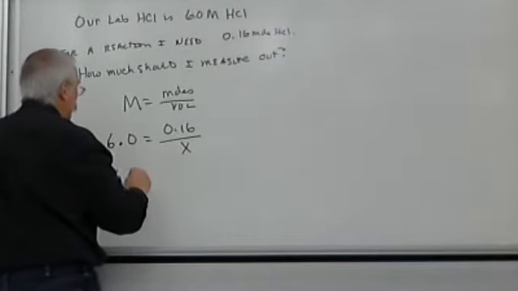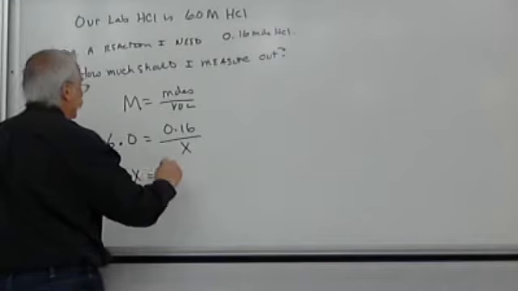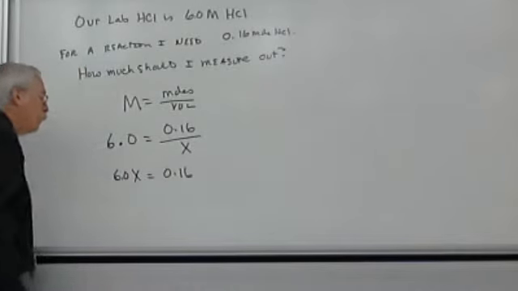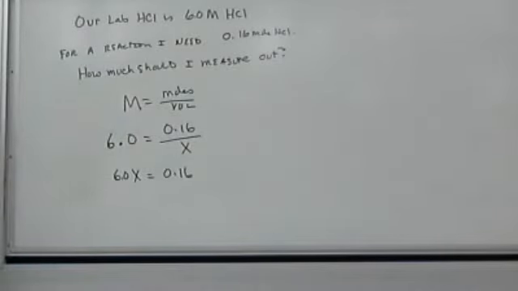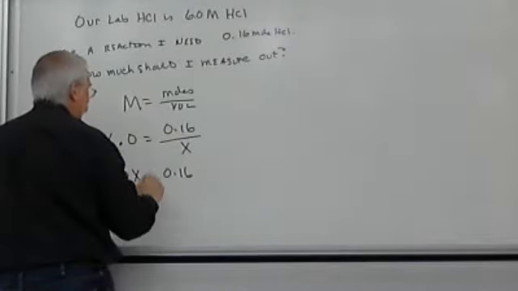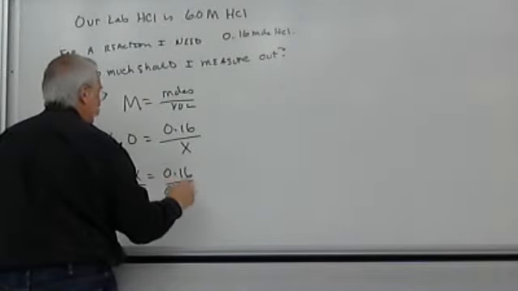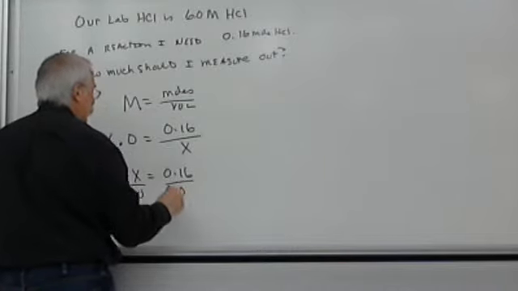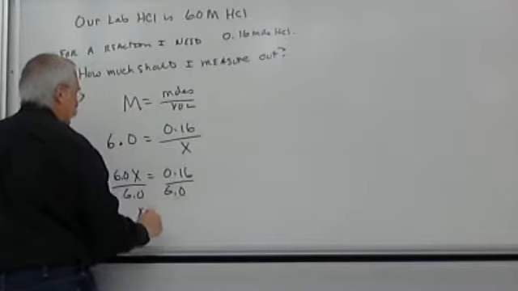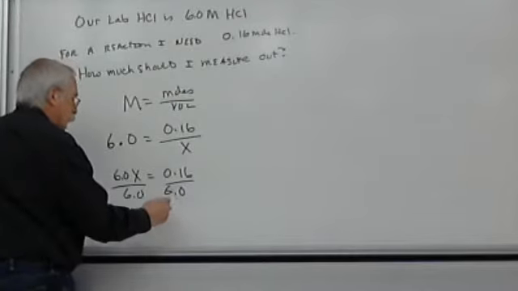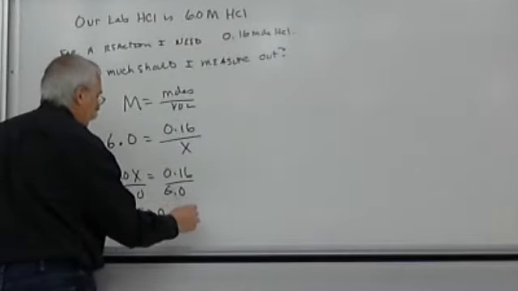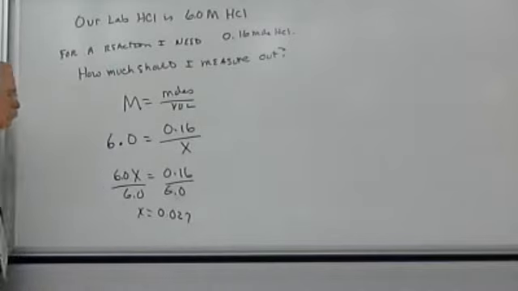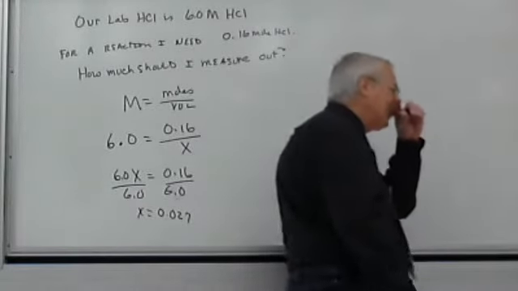Multiply both sides by x, then divide both sides by 6. We'll get that x is equal to 0.03, like so. Okay? Questions?